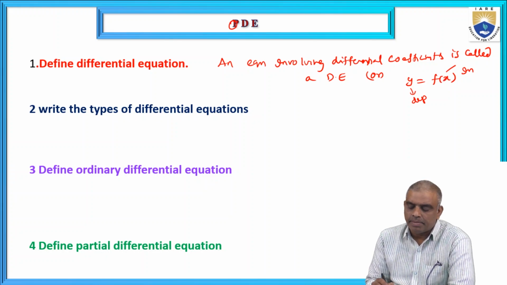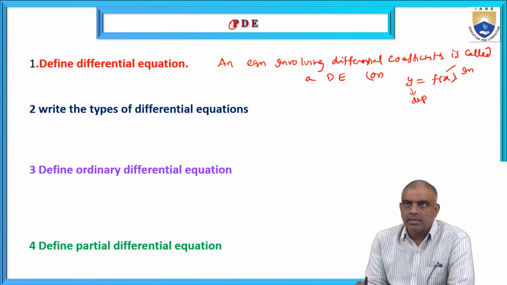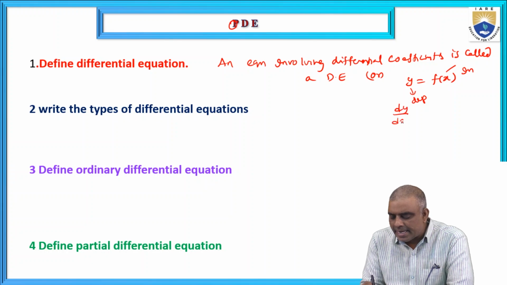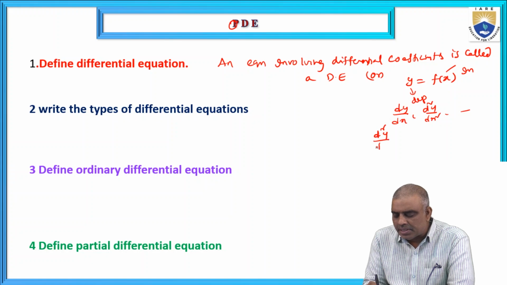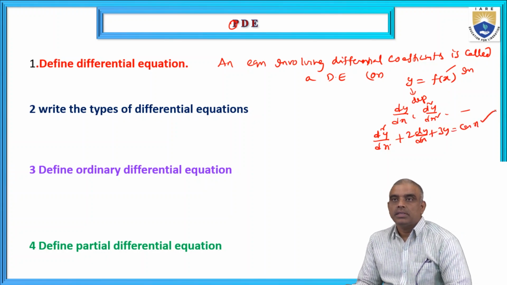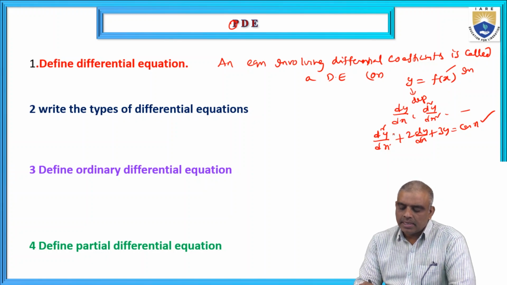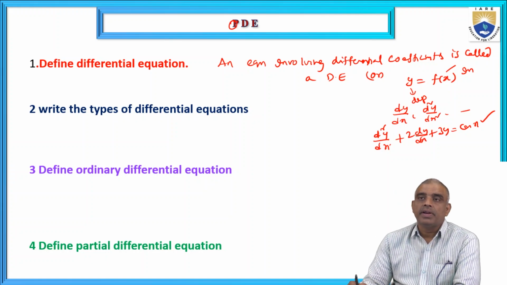Suppose the derivatives have reference to the independent variable x of any order, such as dy by dx or d square y by dx square, and the equation involves these terms, d square y by dx square plus 2 dy by dx plus 3y is equal to cos x. This is called a differential equation. Here the derivatives of y are with respect to x, so this equation is called a differential equation.